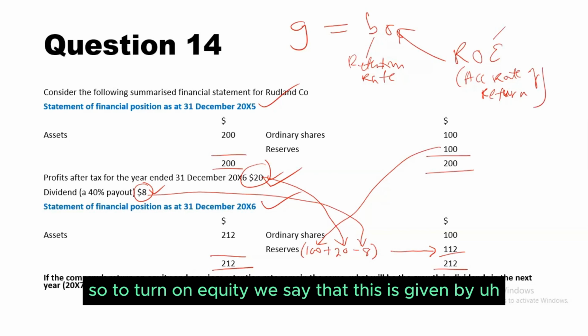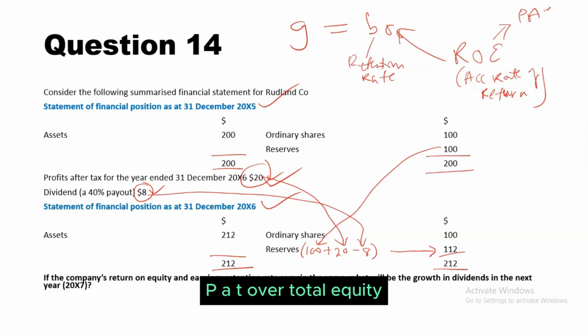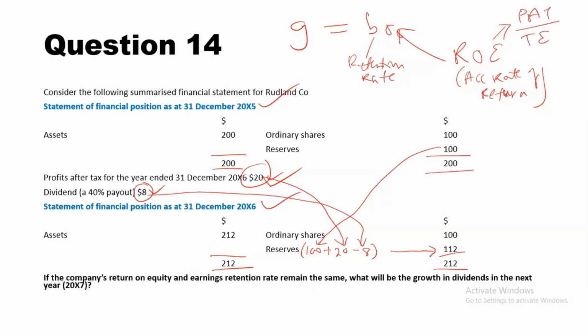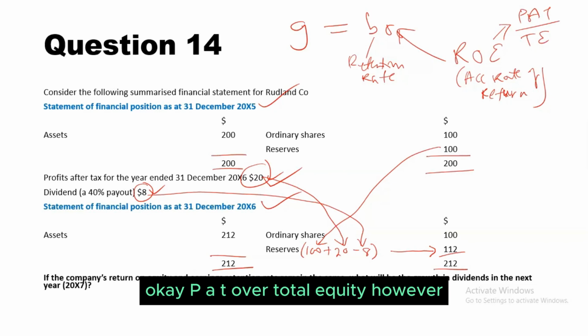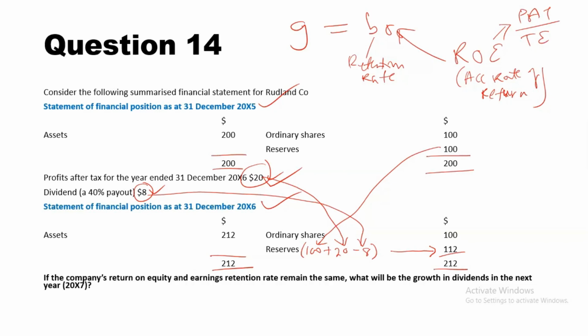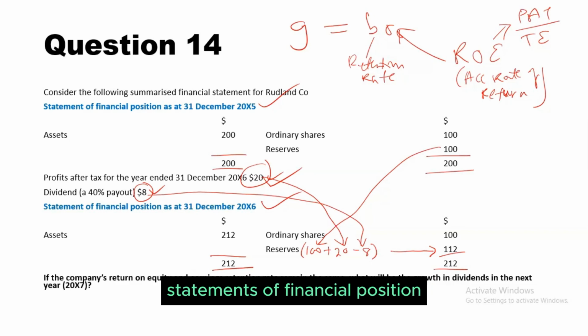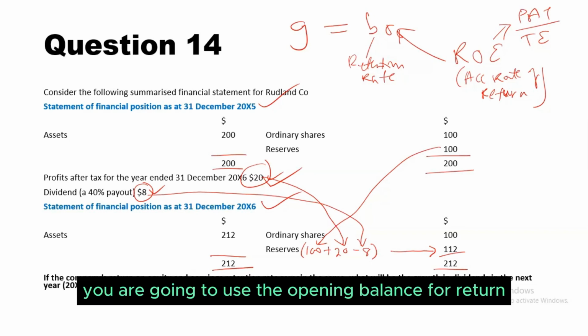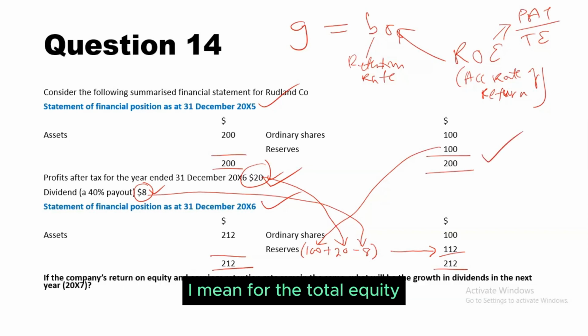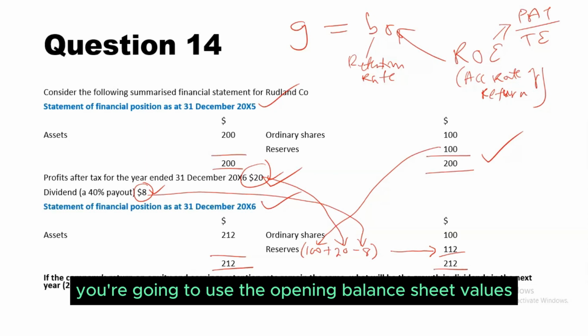Return on equity is given by PAT over total equity. However, if you are given two statements of financial position, you are going to use the opening balance for the total equity. Why?